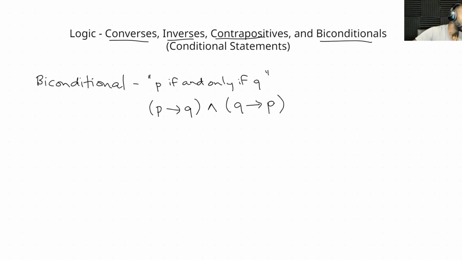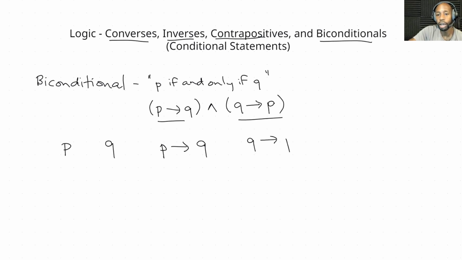So let's show how a biconditional is true only when these statements are each true, or rather, when both statements are true or false. So you've got P, you've got Q, and then you have if P then Q, then if Q then P, and then P if and only if Q, which, as we just said, looks like this here.